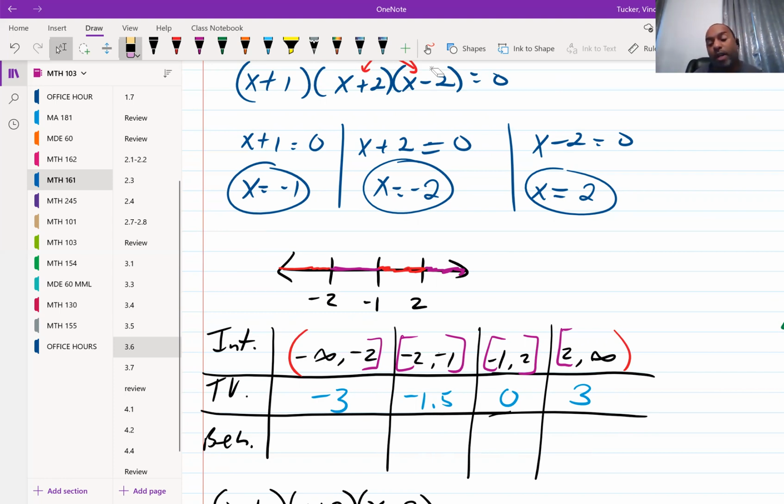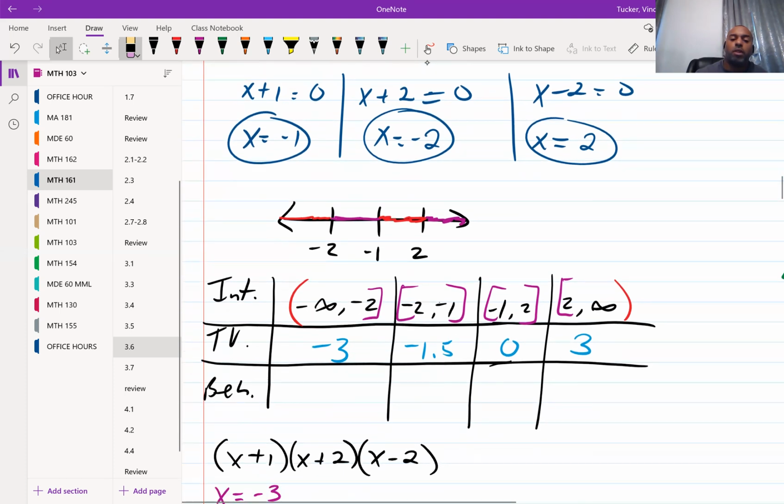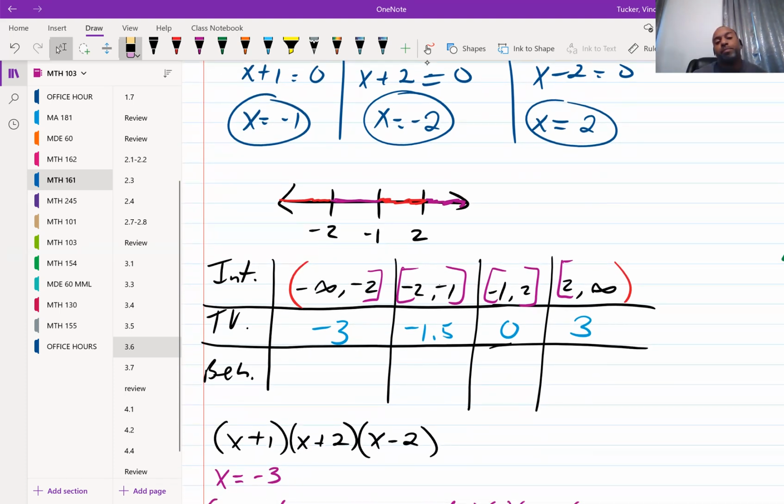Just have to make sure the values you choose are actually in those intervals, and you'll be all right. Any problems? Good. So now we can plug them in.